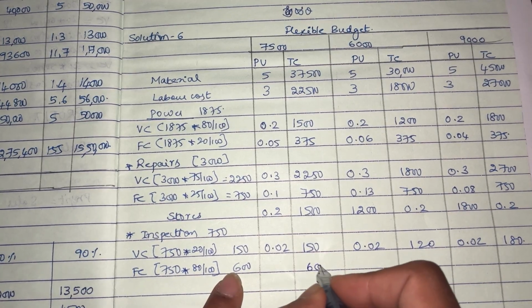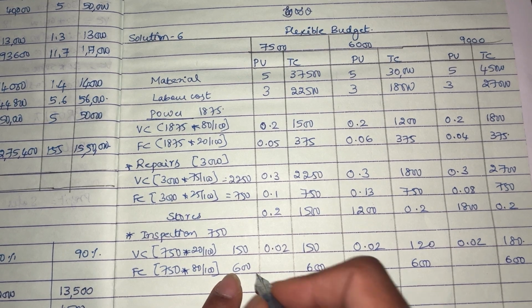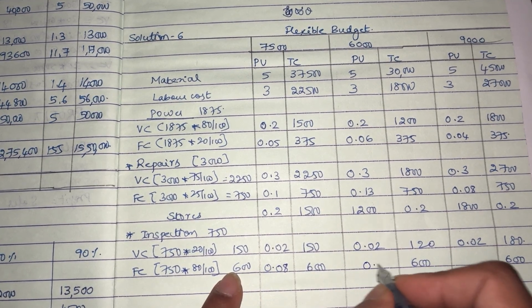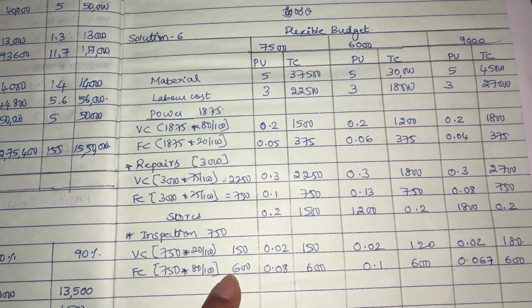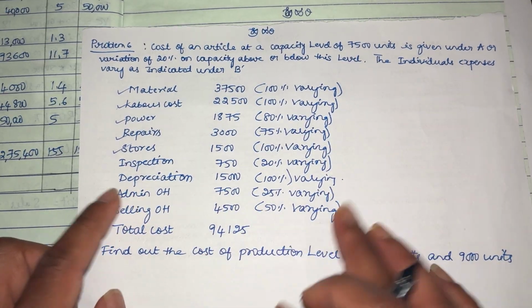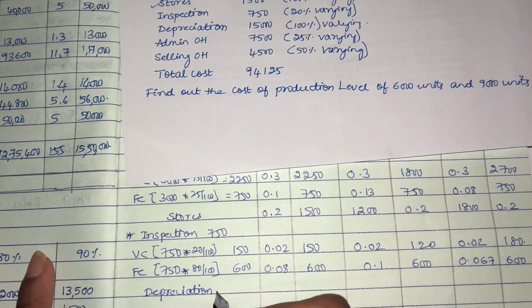Now this is 600. Total cost will remain constant, so 600 divided by the units gives 0.08, 0.1, and 0.067. Next, we have depreciation, which is full 100% varying, so it should not be a problem at all.